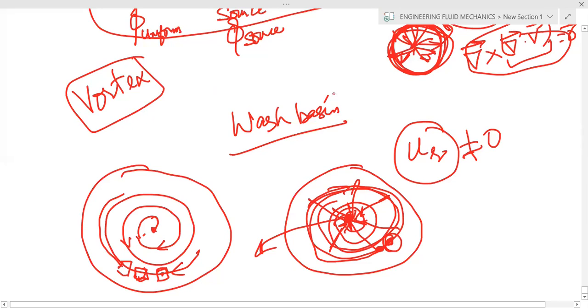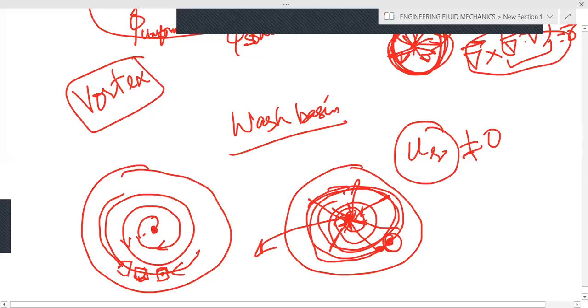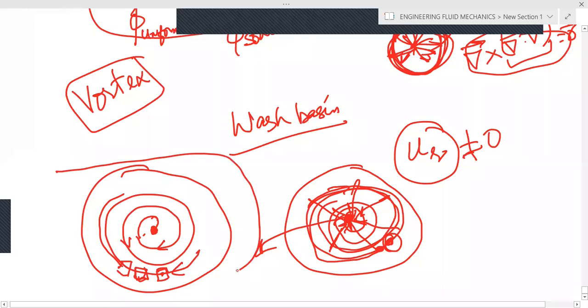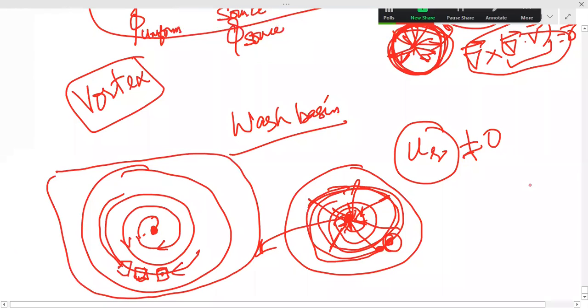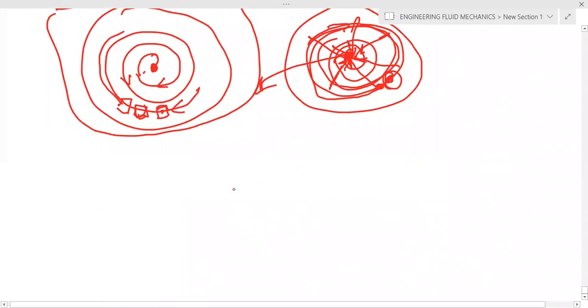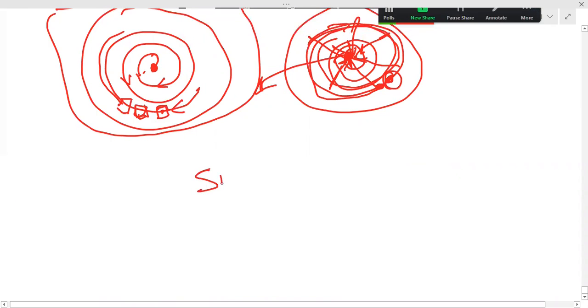So vortex means you have some kind of circulation, and that circulation is concentrated at a point. So this kind of flow that you see in a sink is actually a combination of two irrotational flows, that is a sink and a vortex.